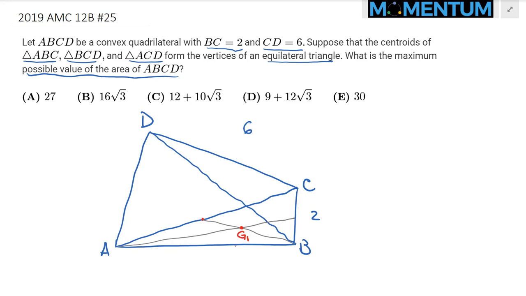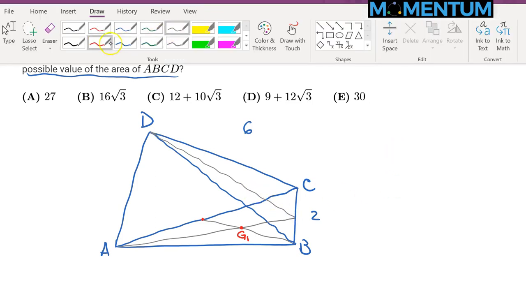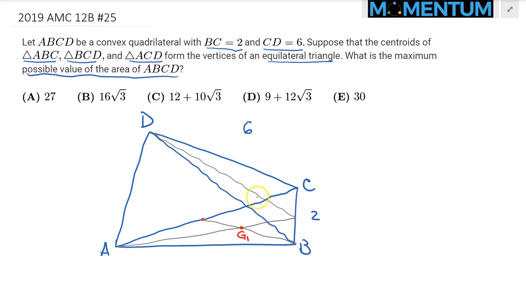And in a similar way, I can find the centroid of triangle BCD. We might as well just draw the medians as usual. Let me just try to eyeball a third of the distance from this midpoint. Okay, something like that.